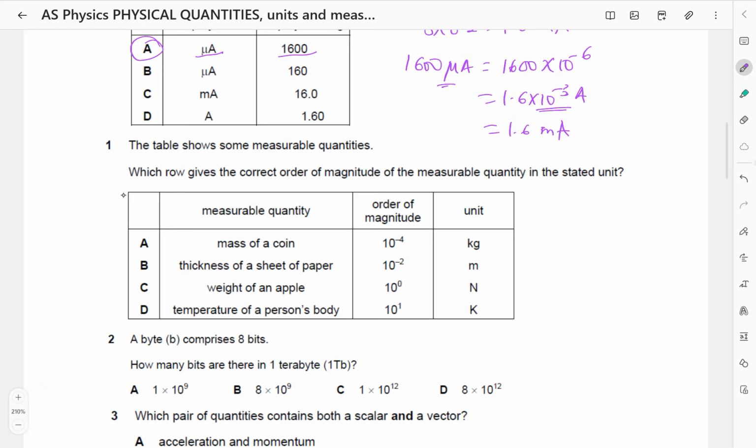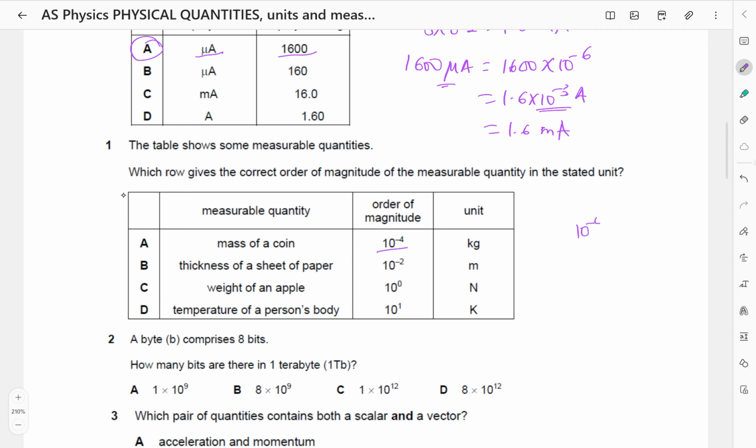The table shows some measurable quantities. Which row gives the correct order of magnitude of the measurable quantity in the stated unit? Okay, so let's check. The mass of a coin, 10 power negative 4 in kilograms.